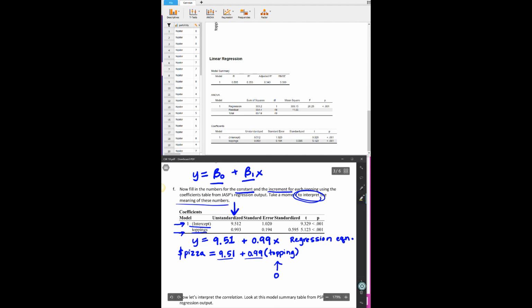Well, if we plug in 0, then this whole term would be 0, because anything times 0 makes that whole thing 0. So in this case, what would we predict for the price of our pizza? 9.51. So this $9.51 is what we would predict or expect a pizza with 0 toppings on it to cost.